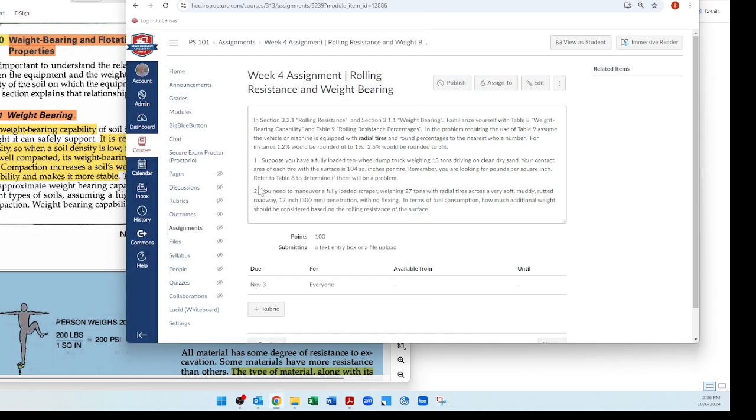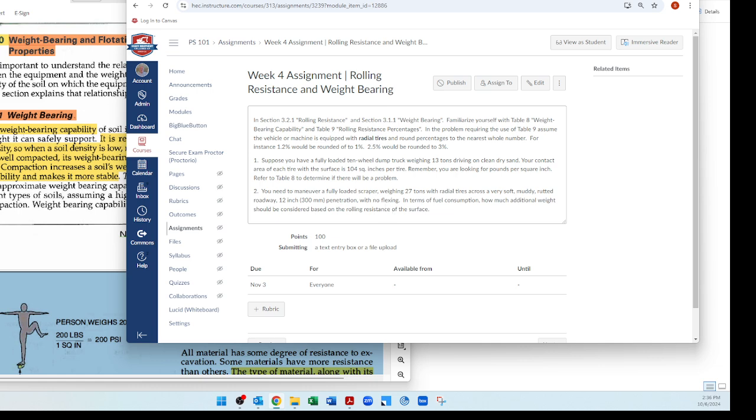What's next? You need to maneuver a fully loaded scraper weighing 27 tons. That's 54,000 pounds, with radial tires across a very soft, muddy, rutted roadway with 12 inches of penetration, no flexing.